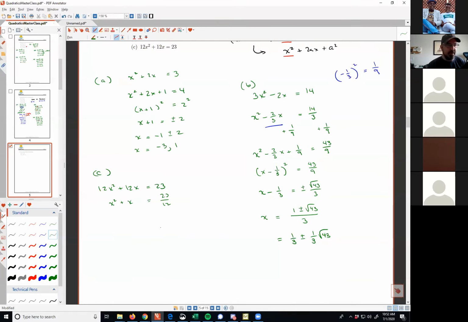So David, do you think we're going to add 1/4? Yeah. What is the square going to be on the left-hand side once we repackage it all? X plus half. X plus what, David? X plus half squared.